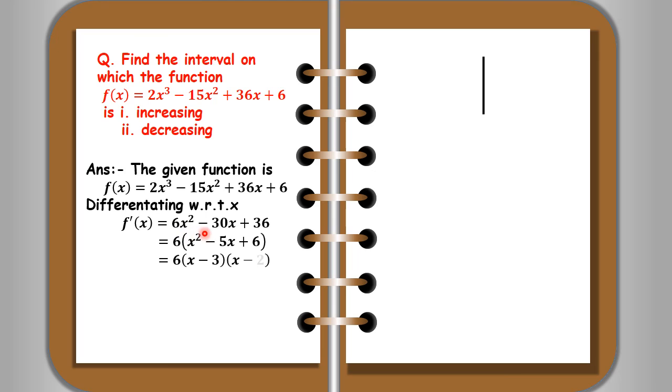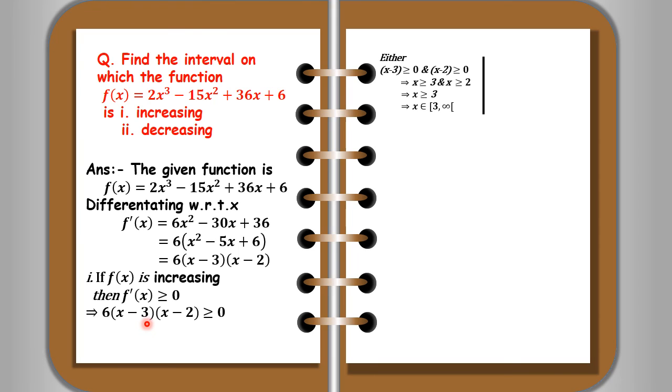Applying this formula, we will find 6x square minus 30x plus 36, and simplifying it, you will find 6 into x minus 3 into x minus 2. So if f(x) is an increasing function, then f dash x is greater than or equal to 0. If it is greater than or equal to 0, then the two factors x minus 3 and x minus 2 are either both positive or both negative. If both are positive, we will find x is greater than or equal to 3.